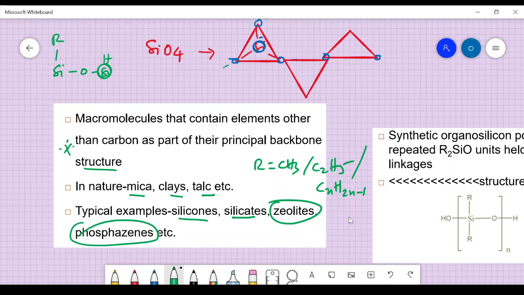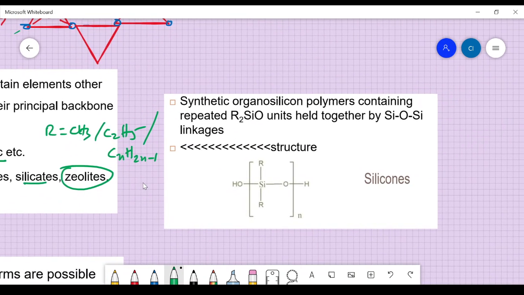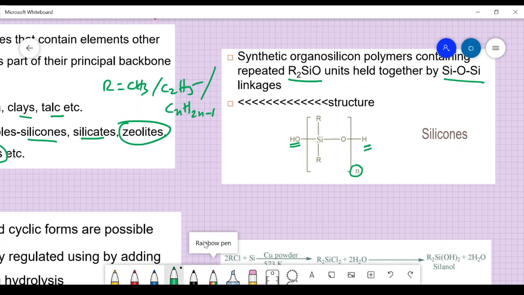So let us look into the synthetic organosilicon polymers that contain repeated SiR2O units held together by Si-O-Si linkages. Here is that silicon. If you put a bracket, this is repeated n times, and at one terminal you will have H, the other terminal you will have OH. This is what you call the silicones.